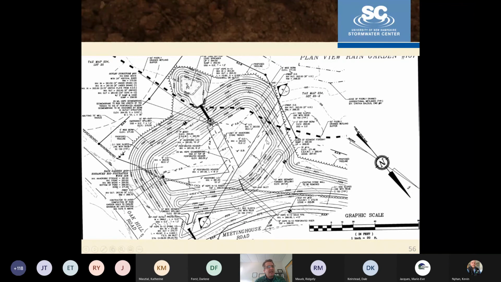So essentially, we're collecting water within the basin from the forebay into this infiltration zone, and then it's being routed through the outlet control through this gravel wetland section. So this is essentially the gravel wetland component.